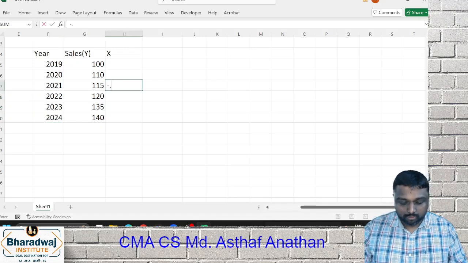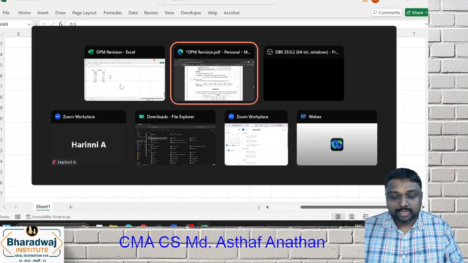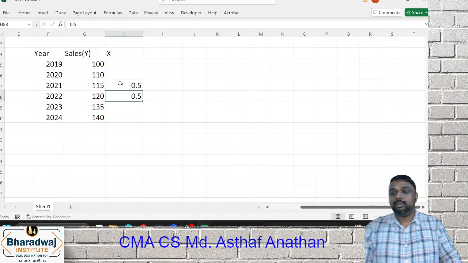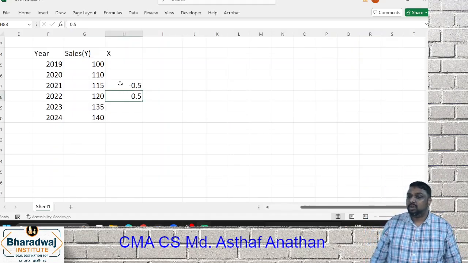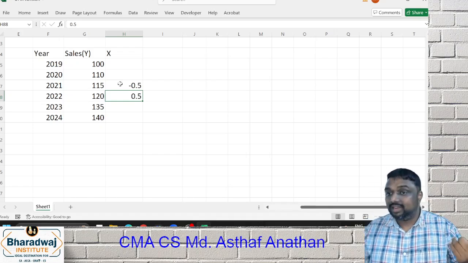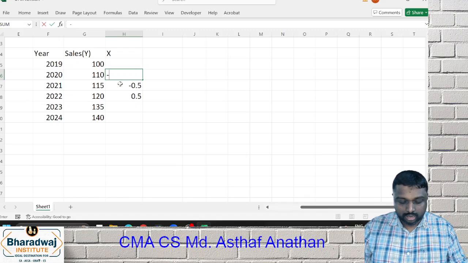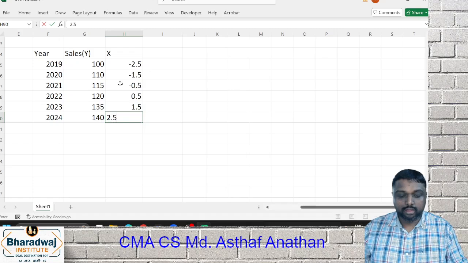So here you give -0.5 and here +0.5. Some friends in colleges might have taken -1 and +1, but that is complicated. This is the easiest method, because if you give -1, then you have to give -3 the next time. But here it is everywhere 1. So -0.5, then -1.5, -2.5, and the same on the other side: 0.5, 1.5, 2.5.